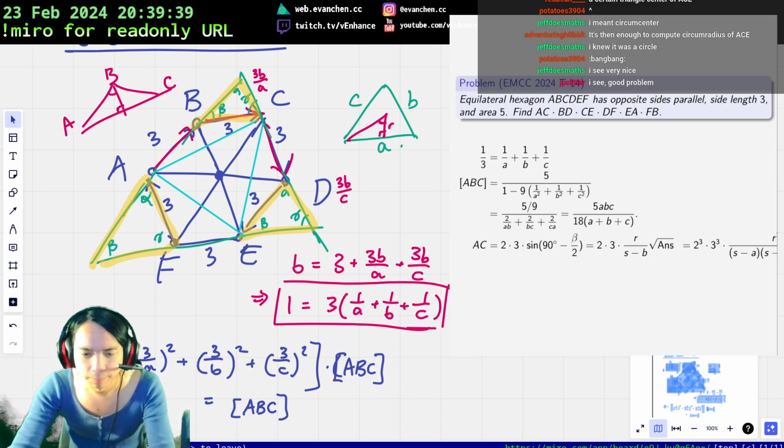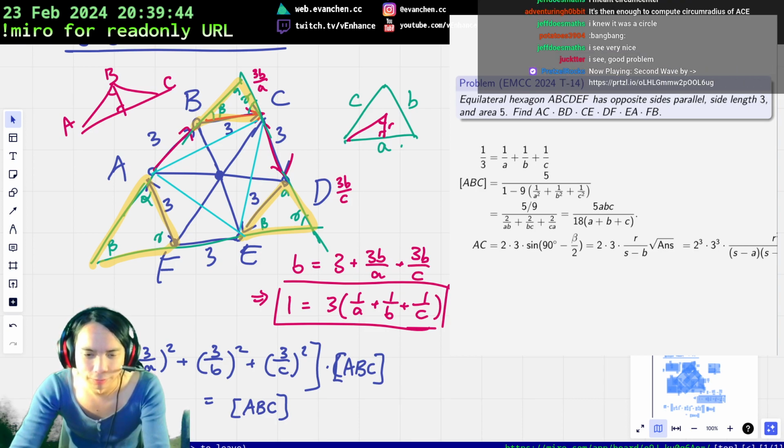Yeah, the area is the annoying thing. So if I multiply top and bottom by s, r cubed s, so I get like r squared over the area. I think I get one copy of the area left.